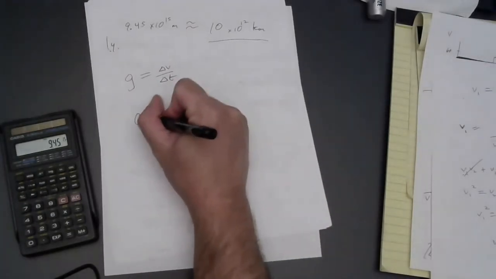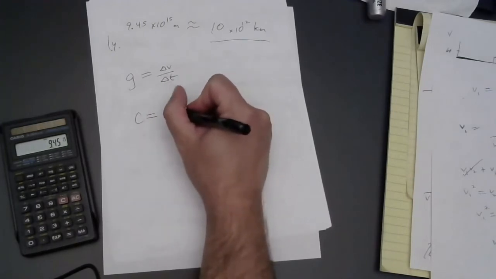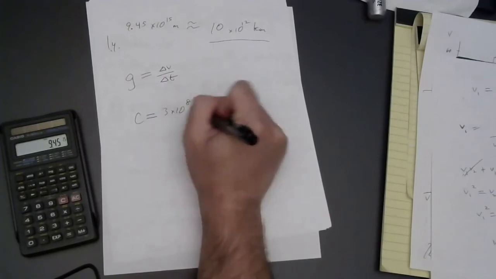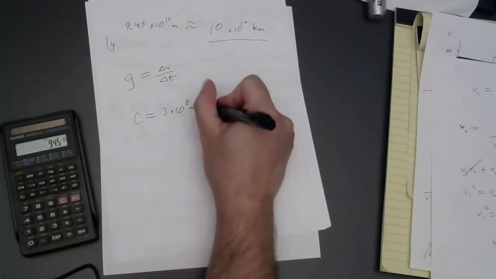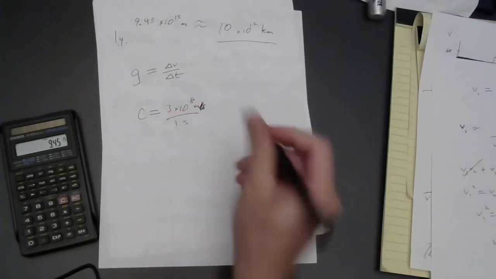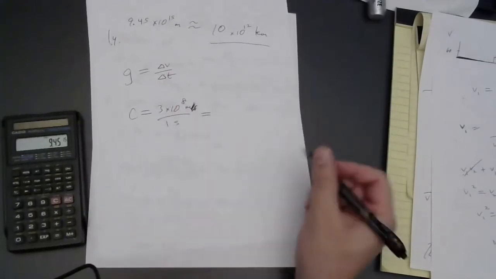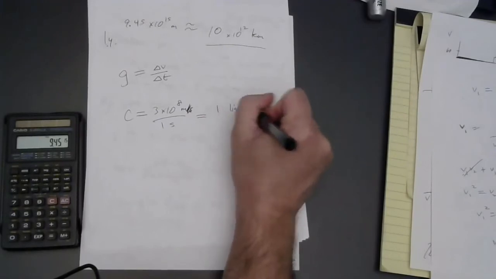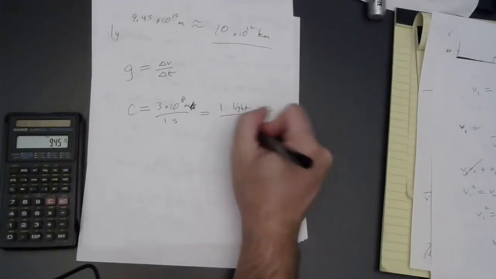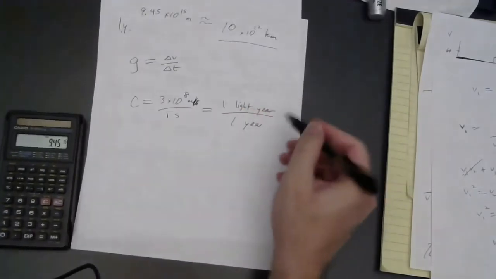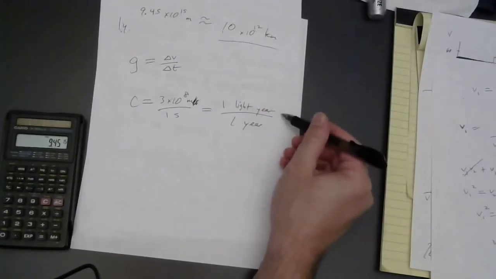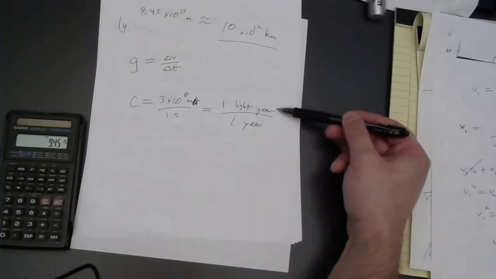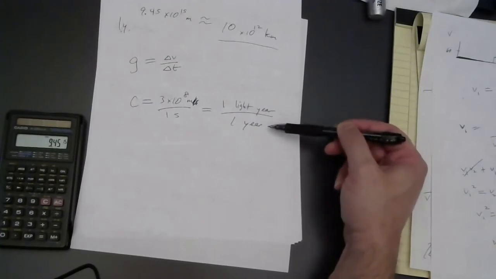The speed of light, well, you could say it's 3 times 10 to the 8th meters per second. Let me emphasize that's meters in 1 second. Or can't you say this? Doesn't it go 1 light year in a time of 1 year? By definition, a light year is the distance light travels in a year. So it goes a distance of 1 light year in a time of 1 year.